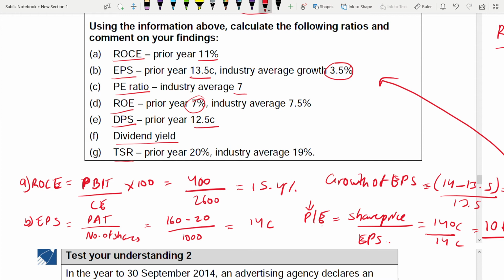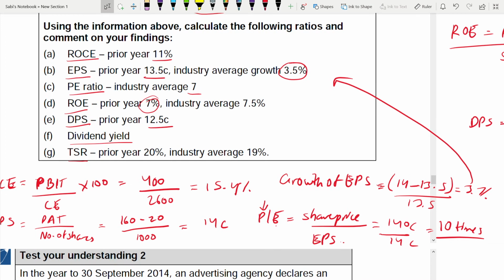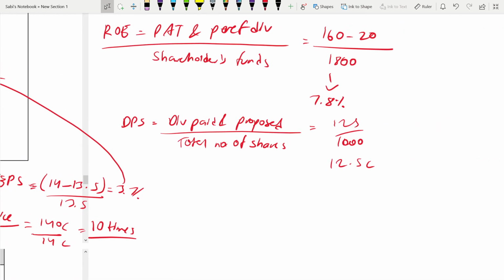So coming to dividend yield. Okay. Dividend yield, they haven't given any information about dividend yield for you to compare. What is the formula for dividend yield? DY is DPS, dividend per share, divided by market price per share.